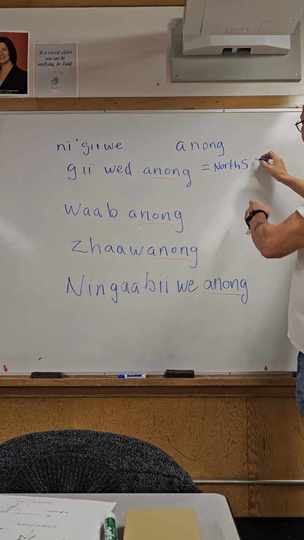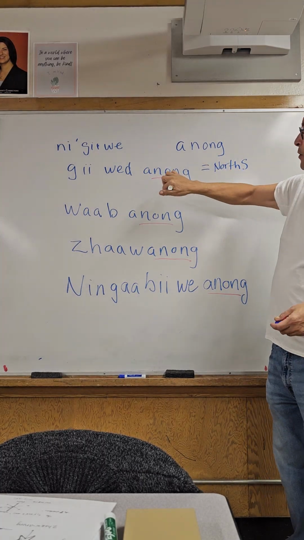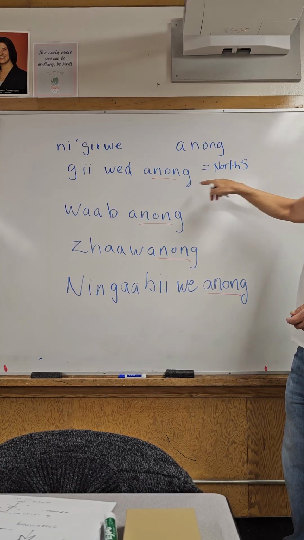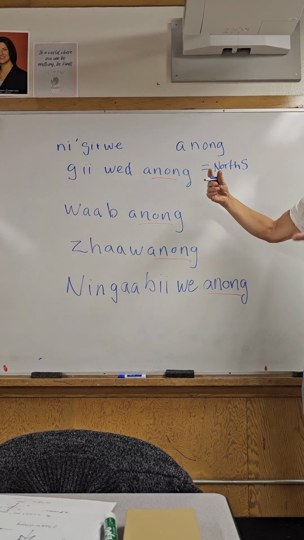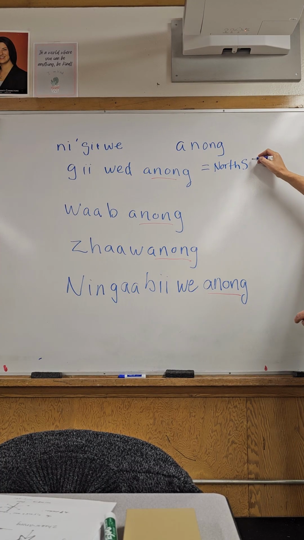Now that's not what it means. The only straight translation would be Anung for star. Giwed, again, it's the going home star, which in Western understanding we call the North Star, or was it Polaris? Polaris. Yeah.